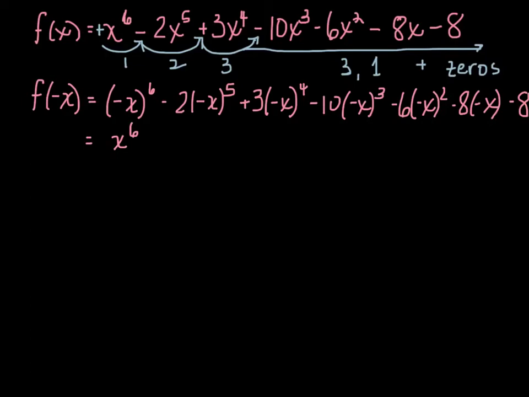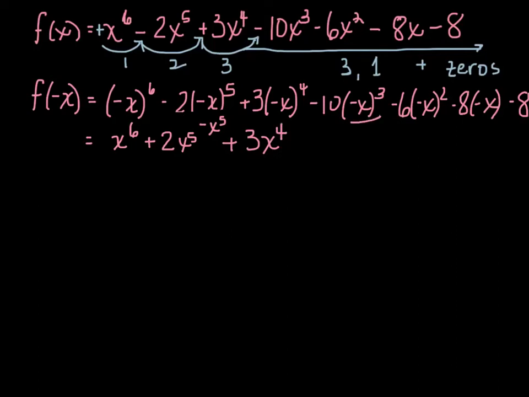When I evaluate this, negative x to the 5th is actually going to be a negative x to the 5th. Multiplied by the negative 2, I'm going to end up with a positive 2x to the 5th. Over here, negative x to the 4th is going to be a positive x to the 4th, so this ends up as 3x to the 4th.